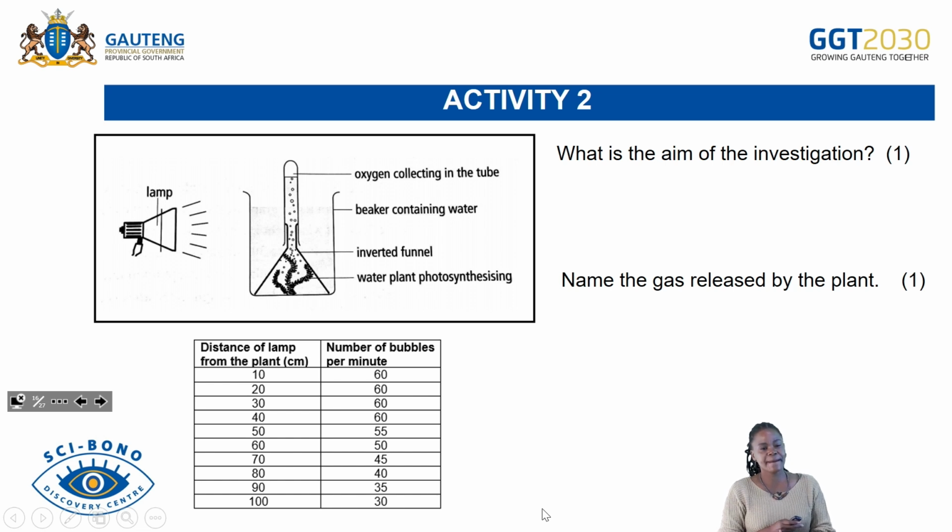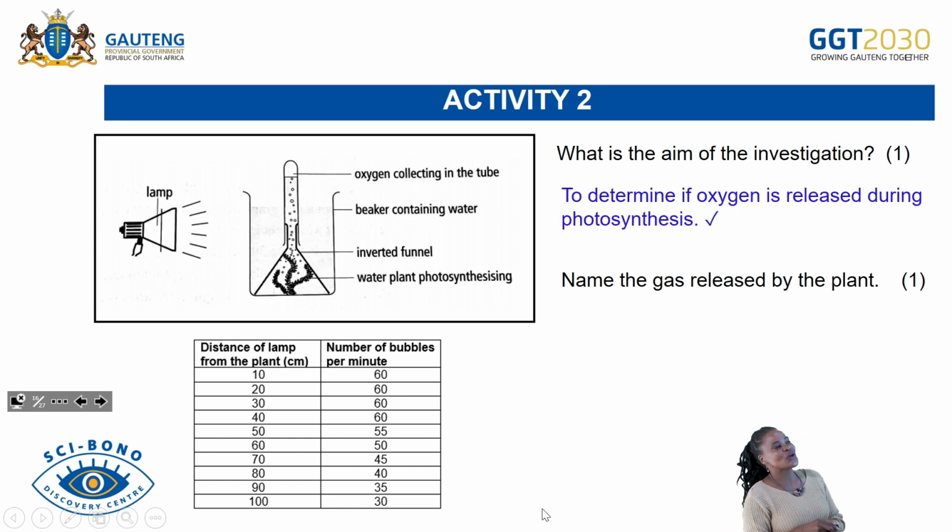Anyone who wants to try? Anyone? Or do you want me to rescue? Okay, so the aim of this investigation is to determine if oxygen is released during photosynthesis. So that is the aim of this investigation.